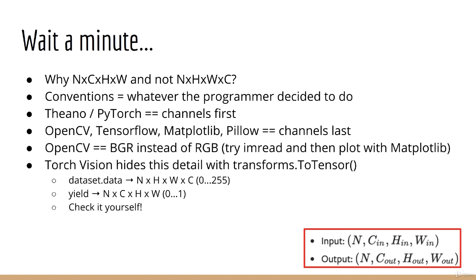And so, when you inspect these batches of data, yielded by the data loader, you will see that they appear as n by color by height by width. So in fact, PyTorch still uses the convention that the color channel comes first, but it comes with interfaces that work with the more commonly used convention that the color channel comes last.